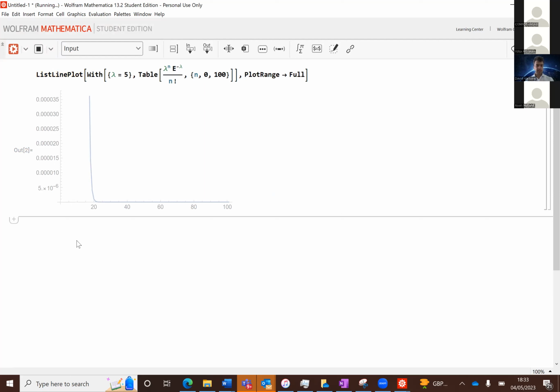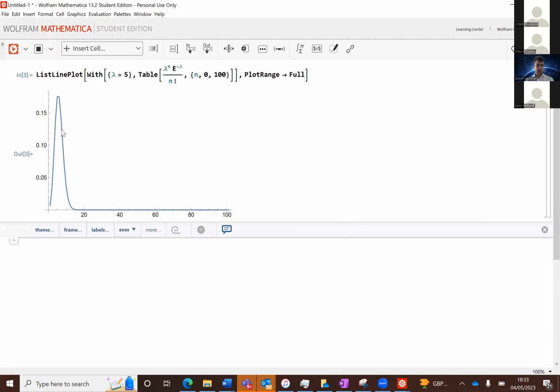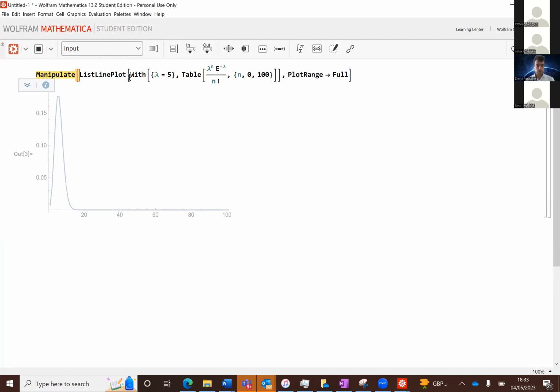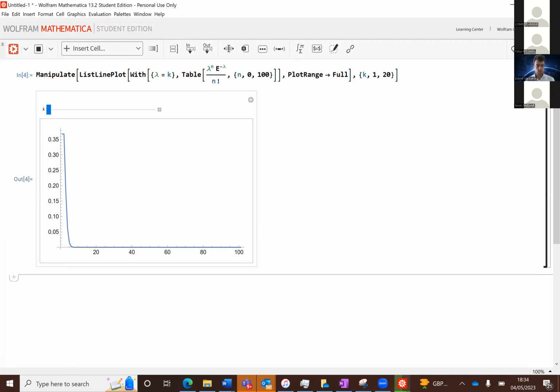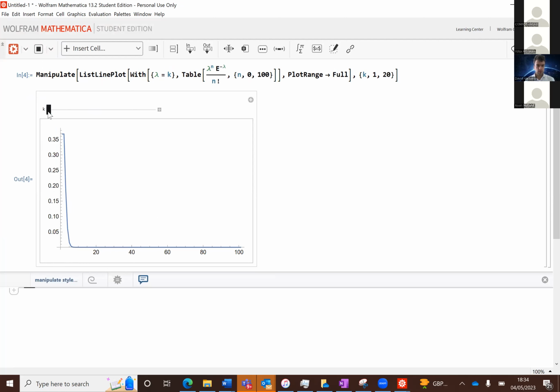What we can see is that I've plotted the probability of a Poisson distribution being equal to a certain number with lambda equals 5, and we go up to a point and back down. And what I'm going to do is manipulate my value of lambda. As that value of lambda becomes big, we get something that looks like our familiar bell curve.